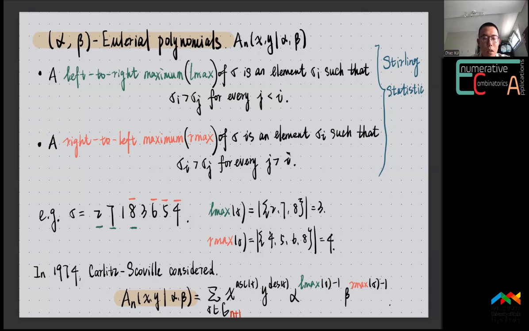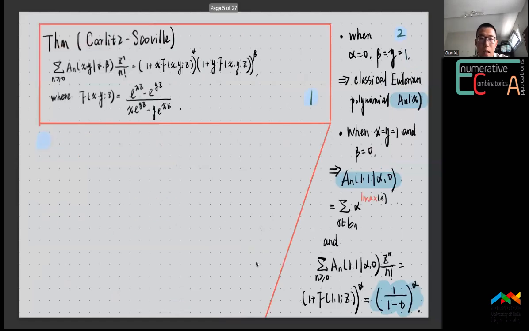In 1964, Carlitz and Scoville considered the following enumerative polynomial, which generalizes the Eulerian polynomial by incorporating the two Stirling permutation statistics, and they computed the following generating function.